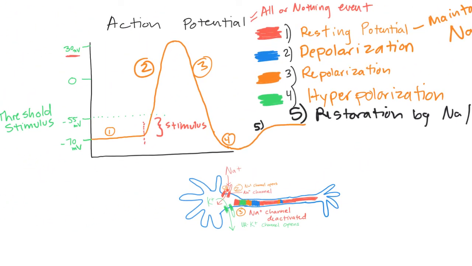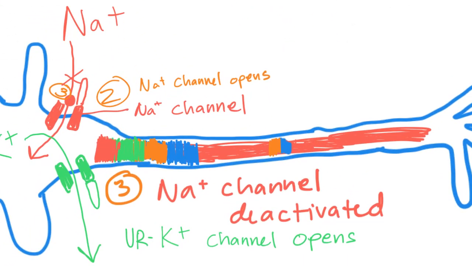The repolarization and the resting potential are the same. They're both at -70. So if they were both the same, this signal could go in both directions.